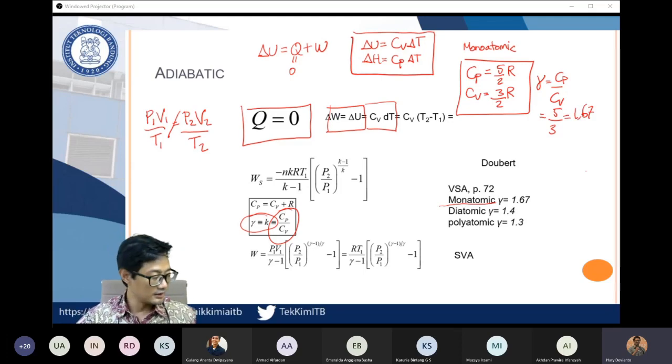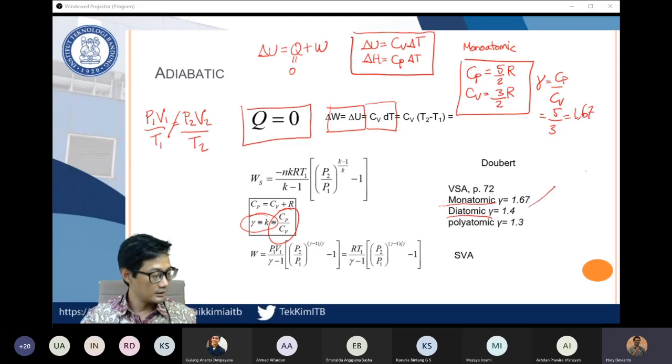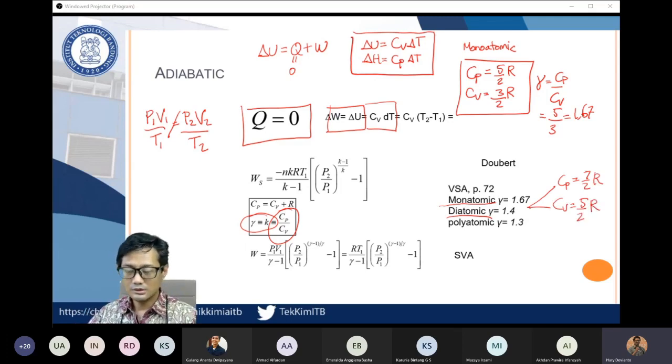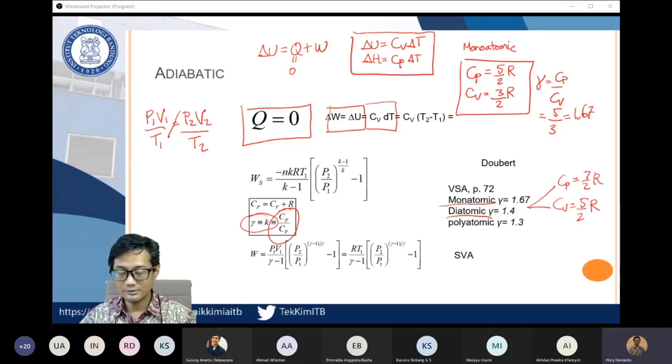You can do the same thing for diatomic. Remember, the Cp for diatomic is 7 by 2 R and Cv is equal to 5 by 2 R. So you can calculate gamma as 7 by 5. That's why the result is 1.4. Any question up to this point?